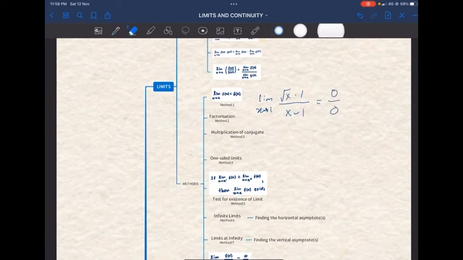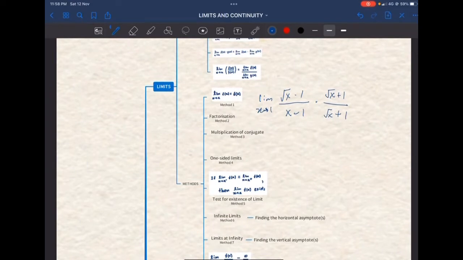So the only way we could solve this is by multiplying the conjugate, which is square root of x plus 1 over square root of x plus 1.